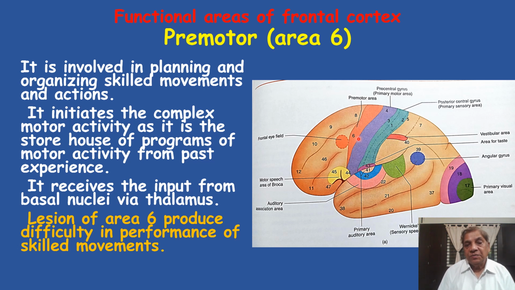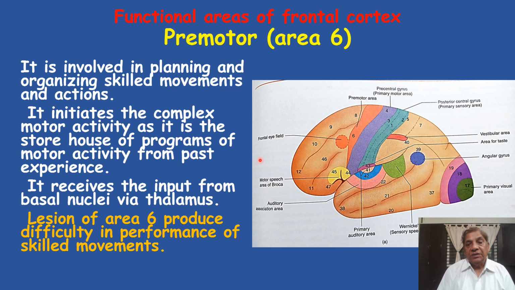This is responsible for initiation of the complex motor activities, and it can perform complex motor activity because it is the storehouse of various kinds of programs for motor activity from our past experience.